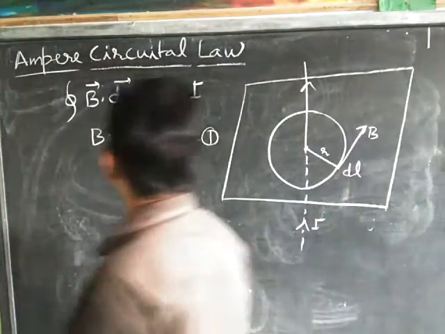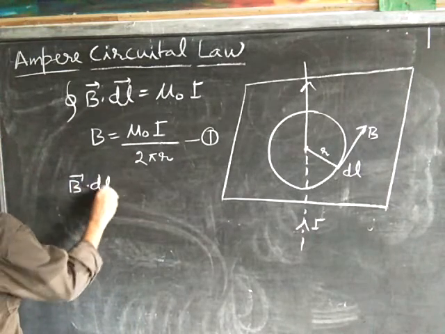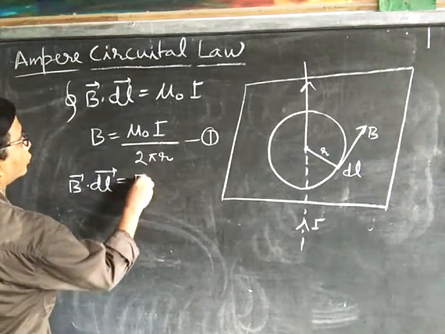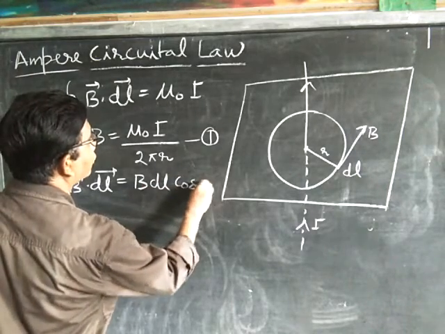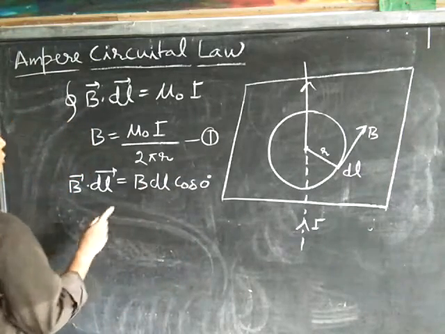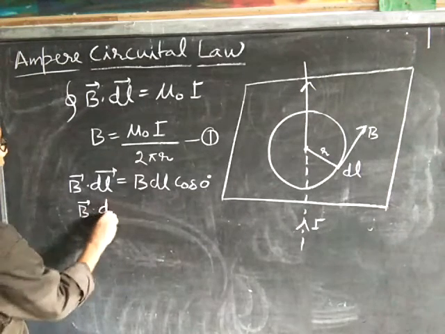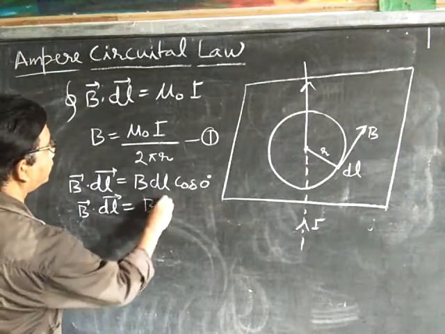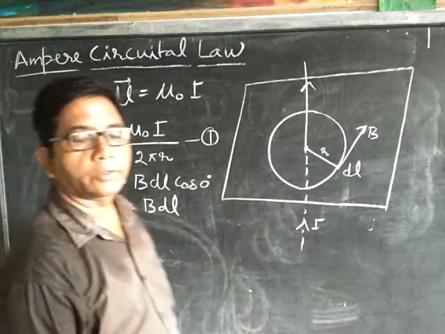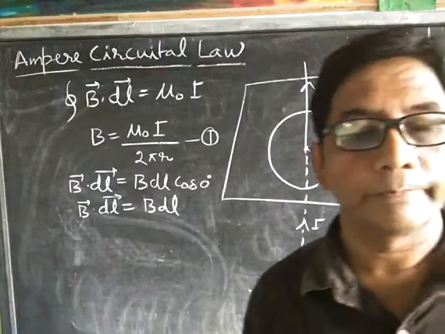We can write B dot dl is equal to B dl cos 0. Since the value of cos 0 is 1, B dot dl is equal to B dl.